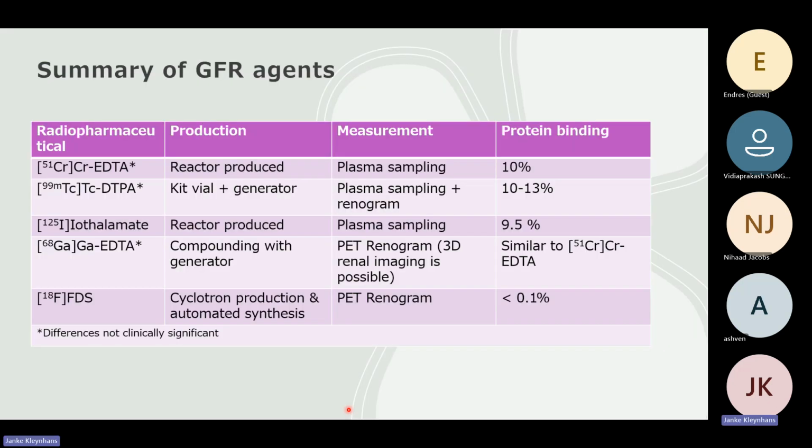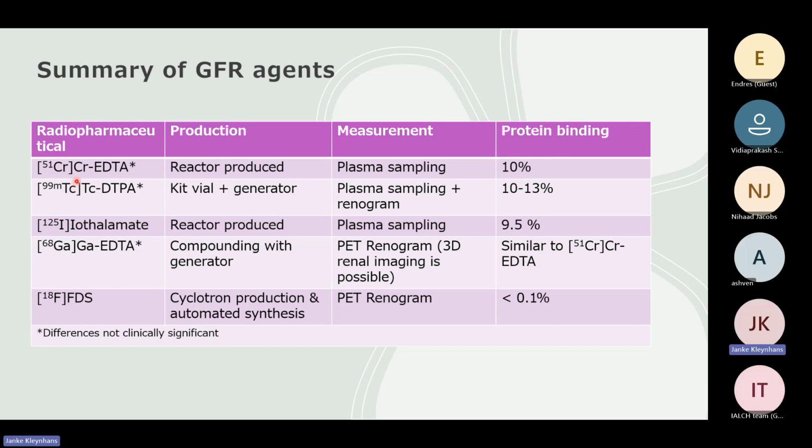So here is a summary of GFR agents and the differences. You can see that protein binding is approximately 10% in all EDTA, DTPA types of radiopharmaceuticals. Iodine-125 iothalamate also has a sort of 10%-ish binding, and there are therefore no really clinically significant differences between these agents.